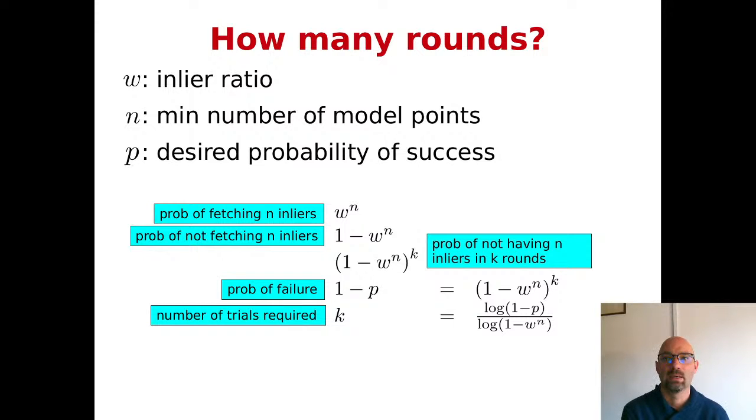And accordingly, if I have a dirty system that provides me wrong correspondences, I will need much less trials. Okay?